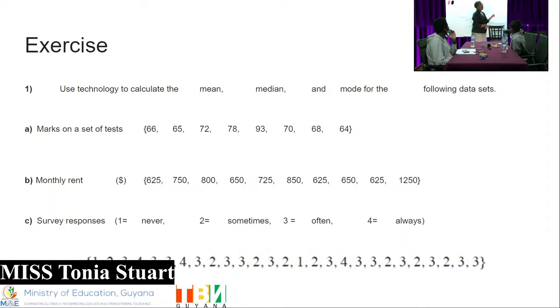We have 1, 2, 3, 4. Right? That's 4. We have 3, 3, 4, 3. That's another 4. 2, 2, 2, 3, 3, 2. 4. 3, 2, 1, 2, 4. 3, 4, 3, 3, 4. 3, 2, 2, 3, 2, 3. That's 4.